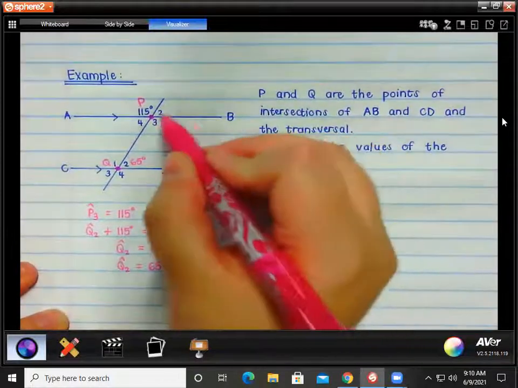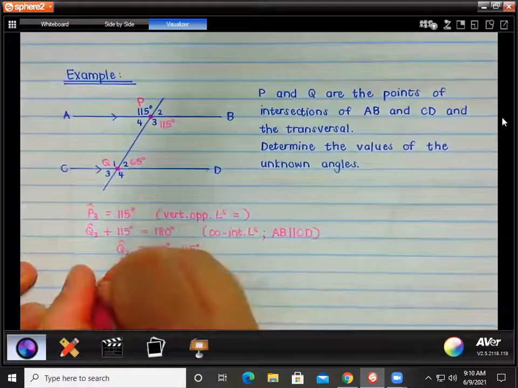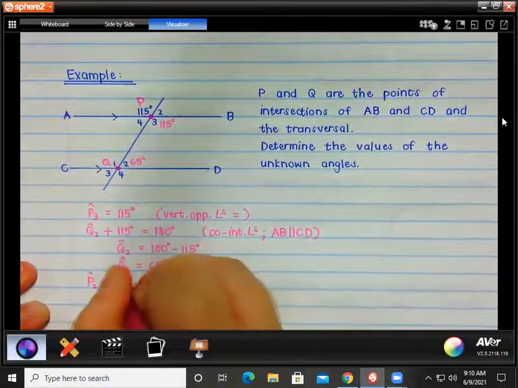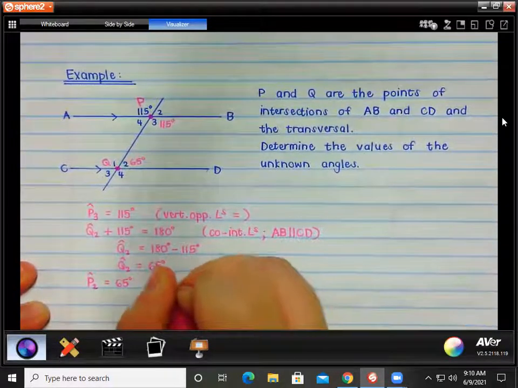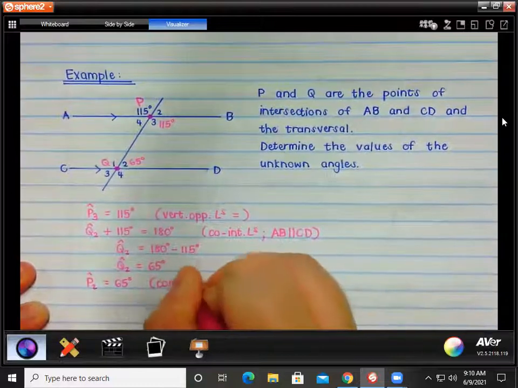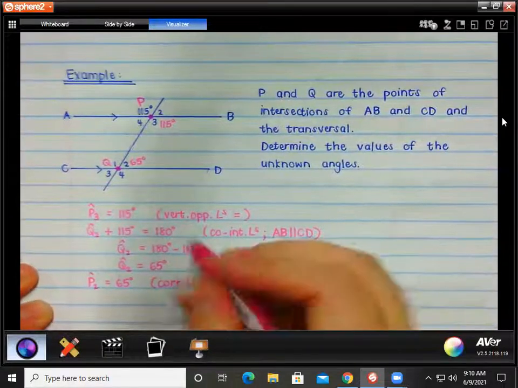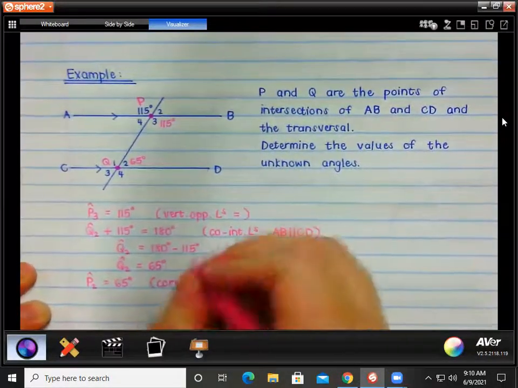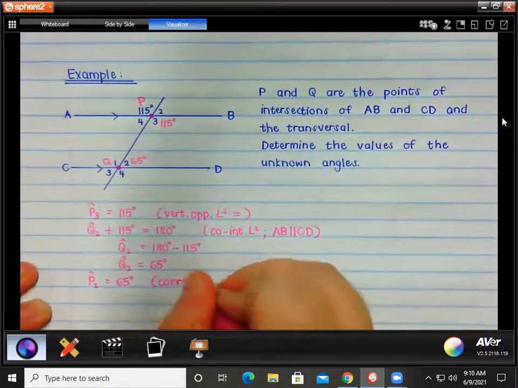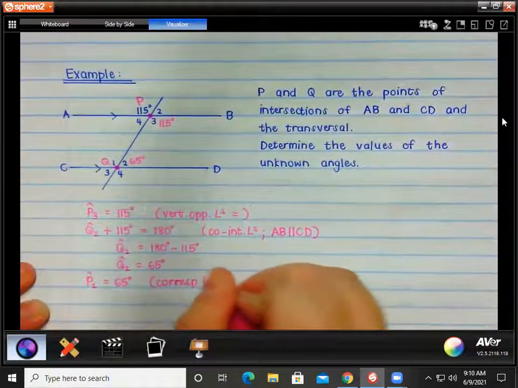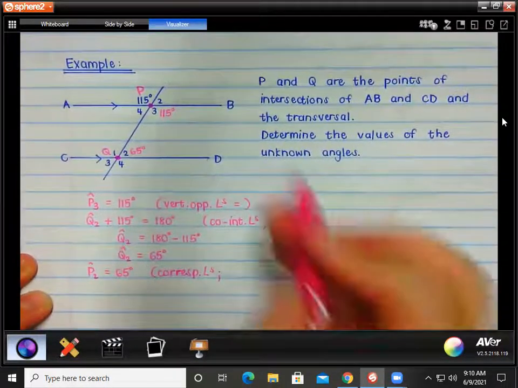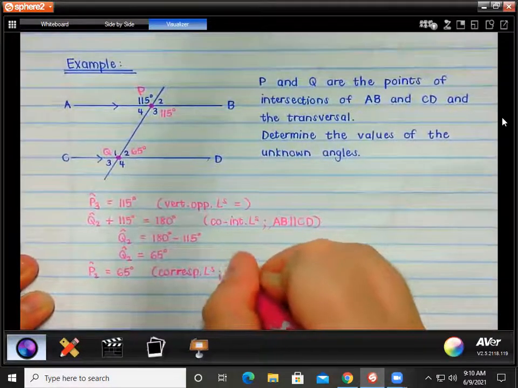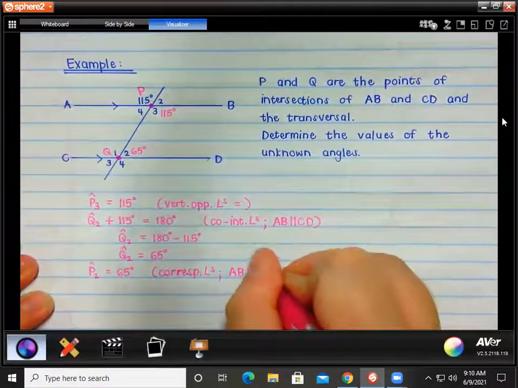So P2 is also going to be 65. And the reason could be angles on a straight line, or corresponding angles, and then you would say AB parallel to CD.